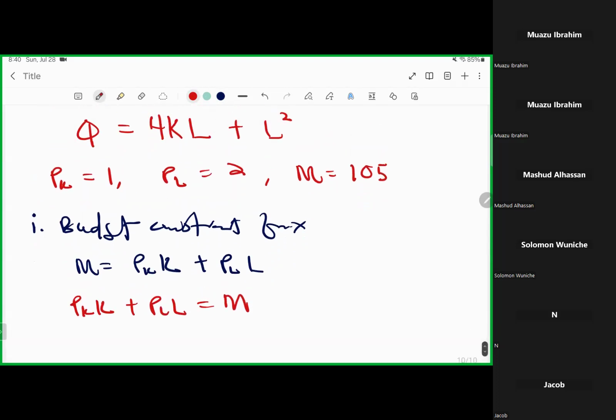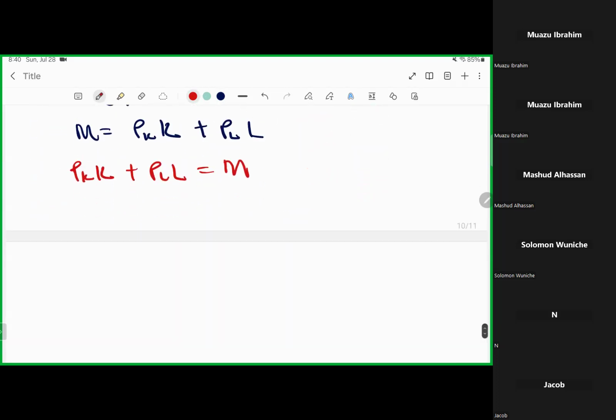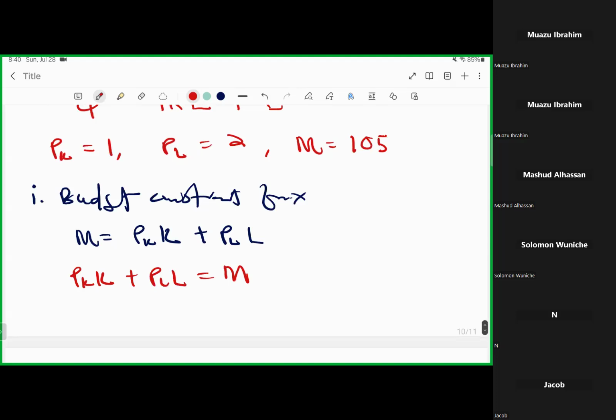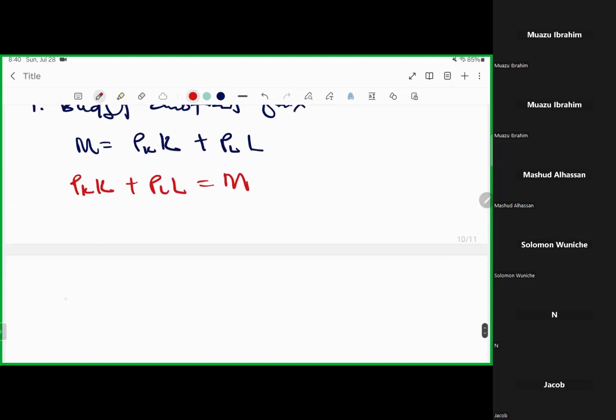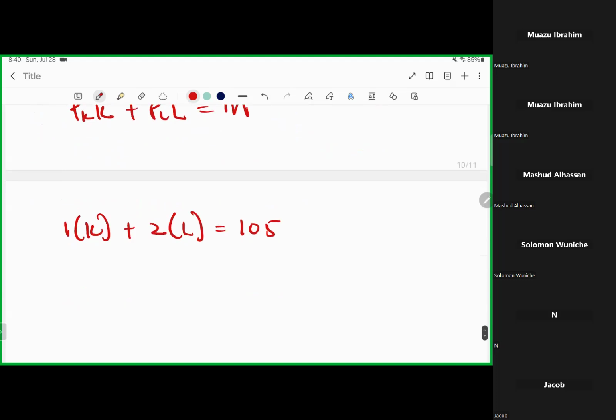So Overby, price of capital, remember from the question, is 1. So we will have 1 times K plus 2, which is the price of labor, times labor is equal to 105. And this is the same thing as K plus 2L is equal to 105.